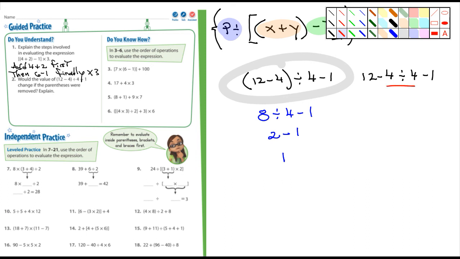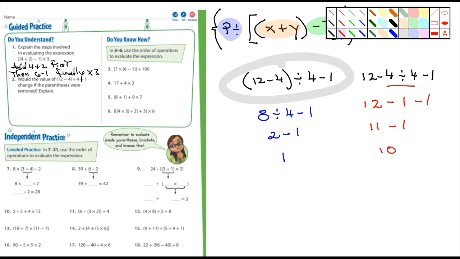What's 4 divided by 4? That's 1. So I can rewrite this now, drop down the next step. So that's actually 12 minus 1 minus 1, because I did the division. 4 divided by 4 is 1. Now we just have subtraction left, and we just go from left to right. What's 12 minus 1? Well, 12 minus 1 is 11. All right? What's 11 minus 1? 10.